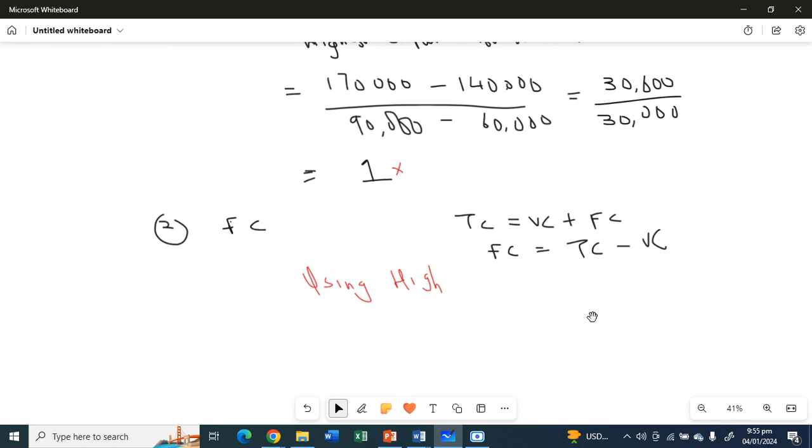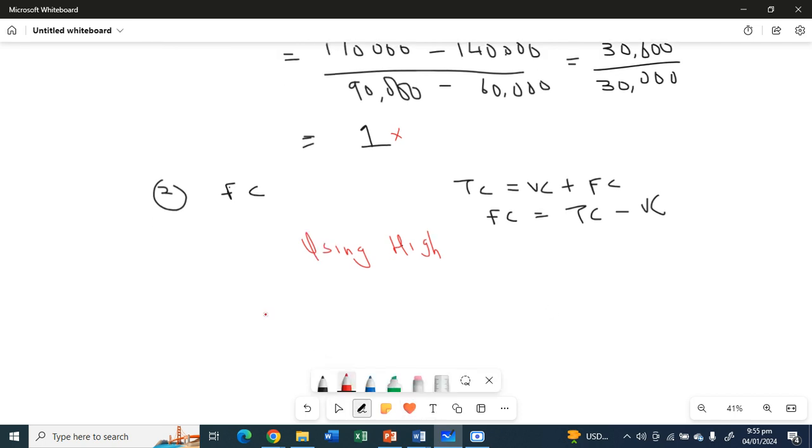So using the high, our total cost was 170,000 and our output was 90,000. To get our variable cost, remember our variable cost is 1x. Since we're using the high, we're using 90,000 units, so we replace x with 90,000.